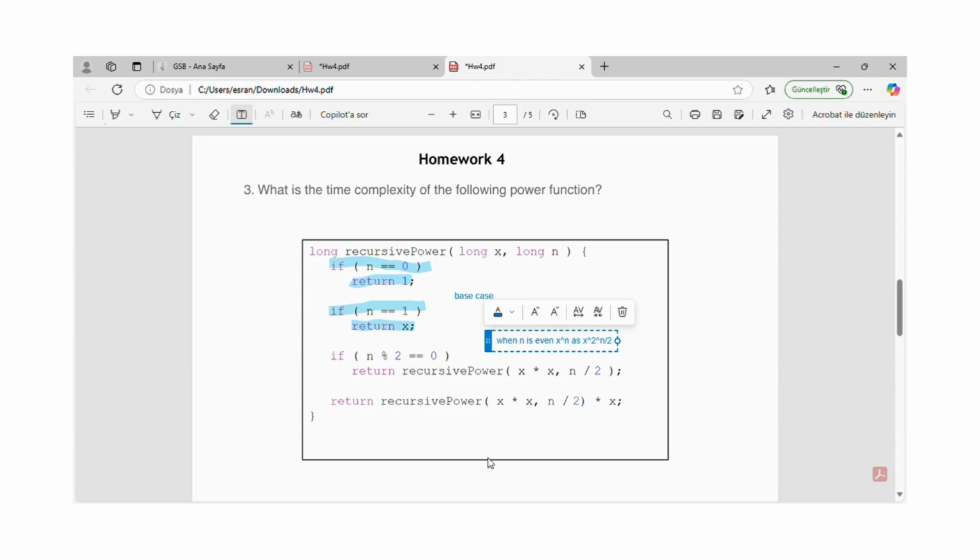And when n is odd, we can write x power n as x times x squared power n over 2.